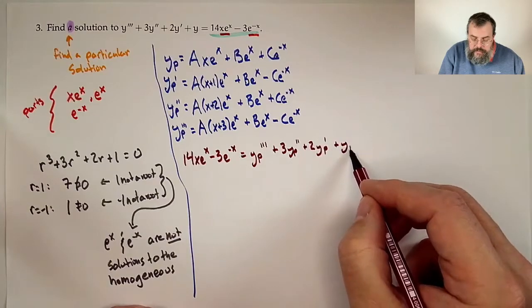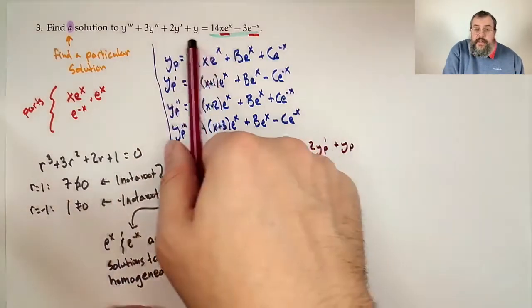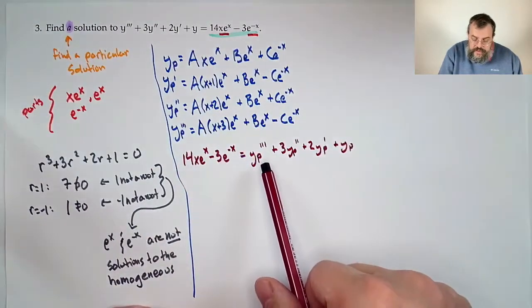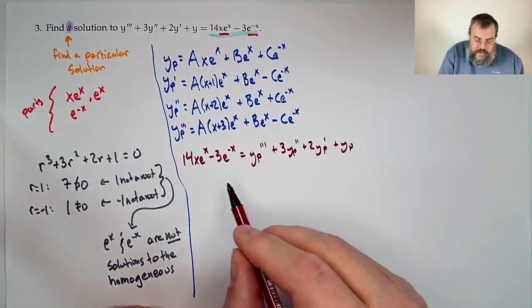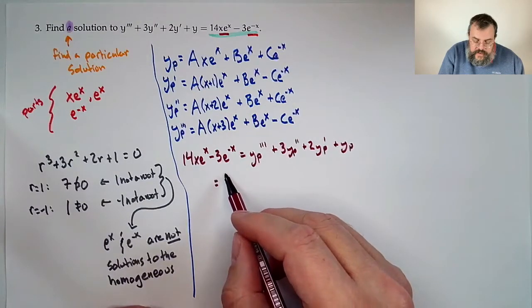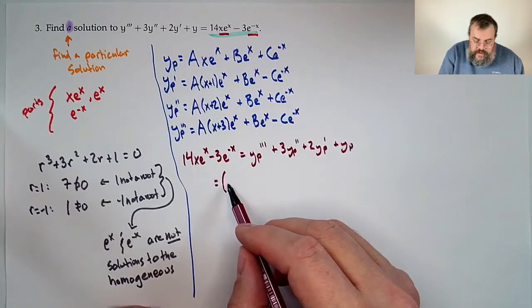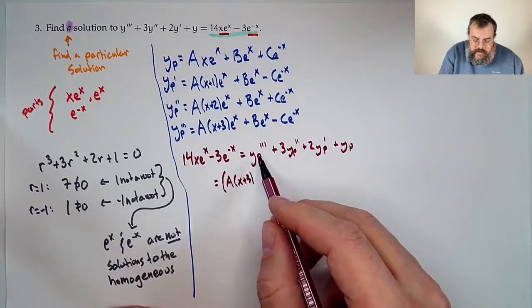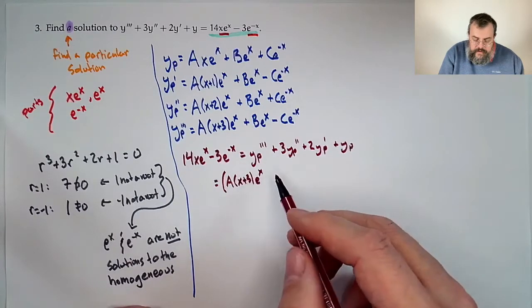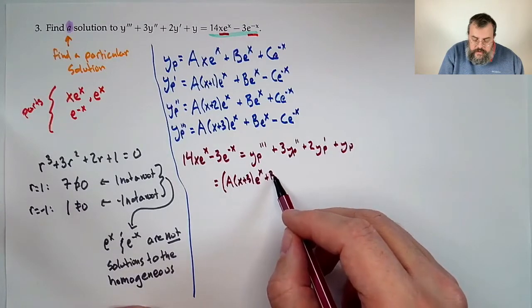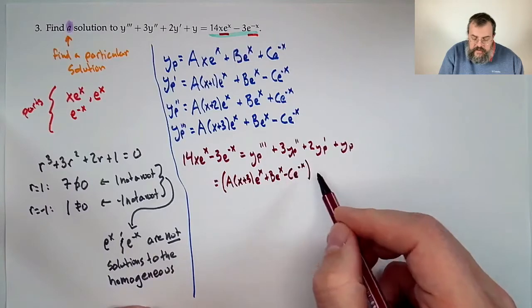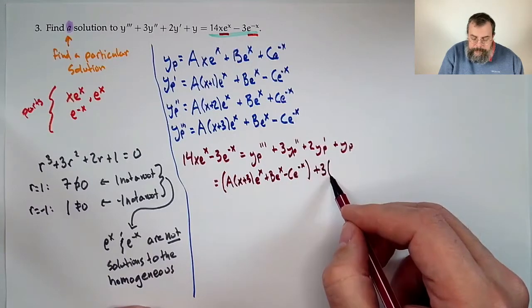In other words, I'm just plugging the particular solution in. And now we take these expressions and put them in. All right, so there's a lot of copying here, so just be patient. A, and so this is our triple prime. So copying b e to the x minus c e to the minus x plus 3.